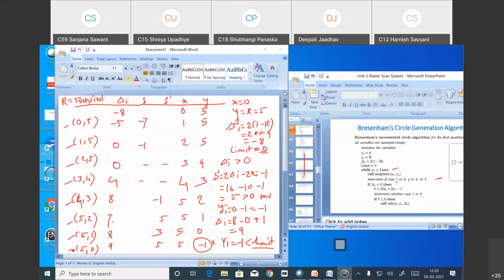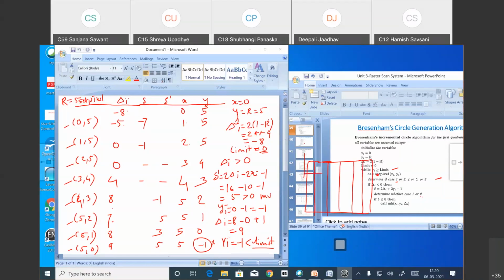If we draw it, there is no space on screen now, so I am going to draw it directly on this.